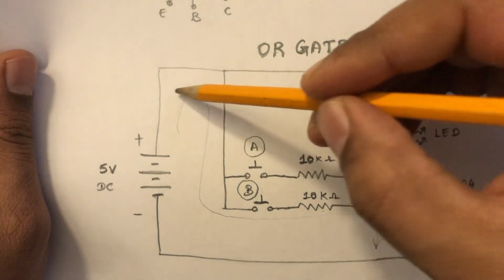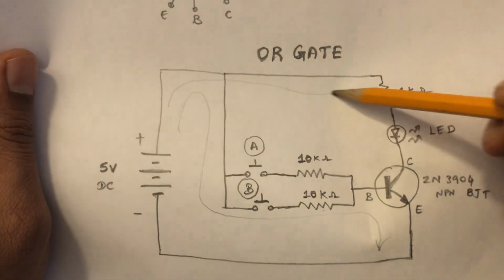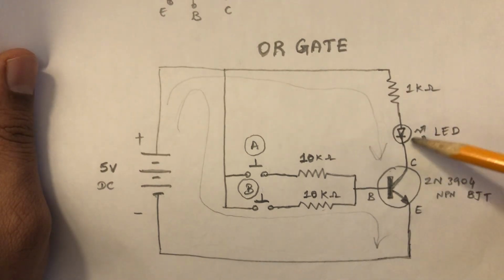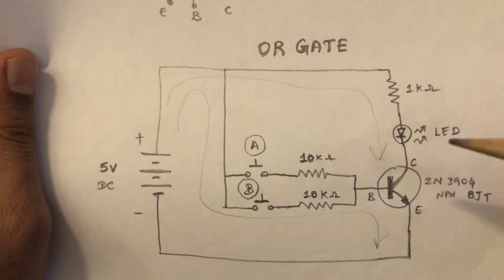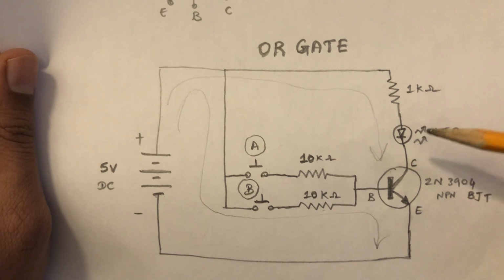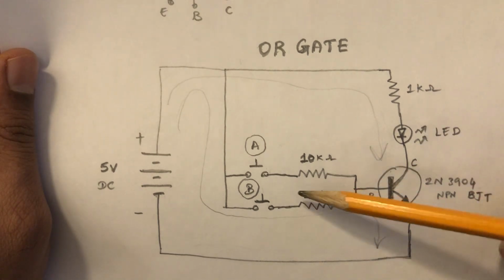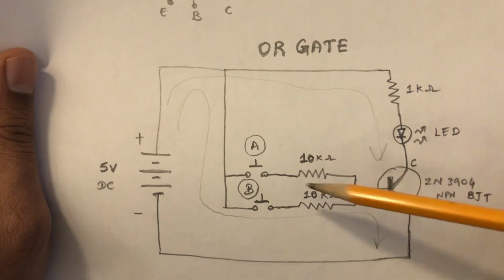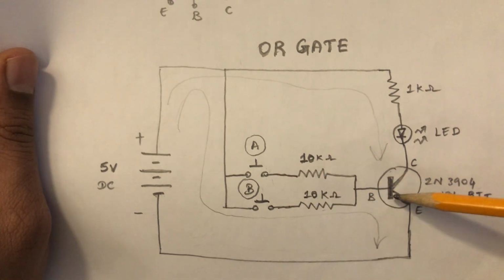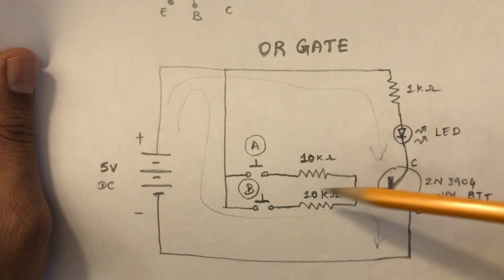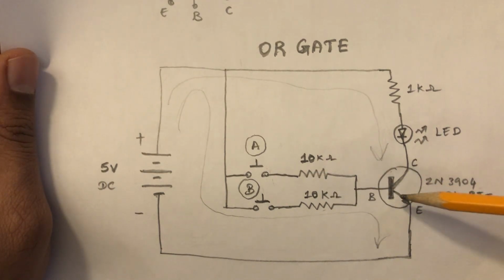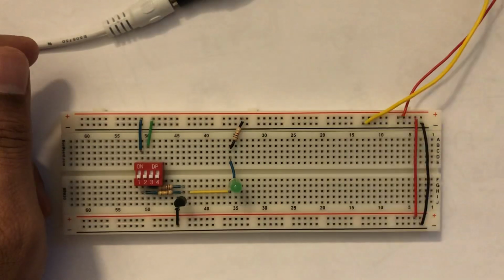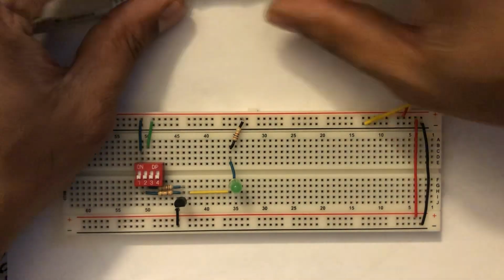The current would now start flowing in this direction as well. So this LED should naturally switch on, and we have connected two switches through the resistors, which would act like two inputs to the transistor, and therefore it would act like an OR gate. Now let's go to the actual circuit.